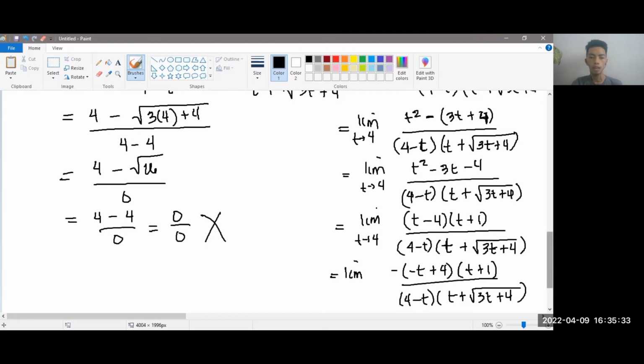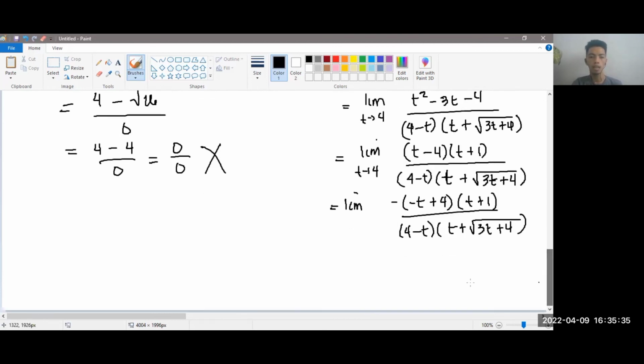Alam natin yung negative t plus 4 at saka 4 minus t is same lang, kasi pag pinagbaligtad mo si negative t plus 4, magiging 4 minus t lang din siya. So, we can cancel it out na. Natira yung t plus 1 over t plus square root of 3t plus 4.